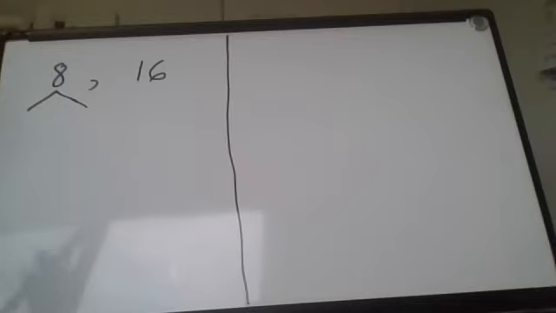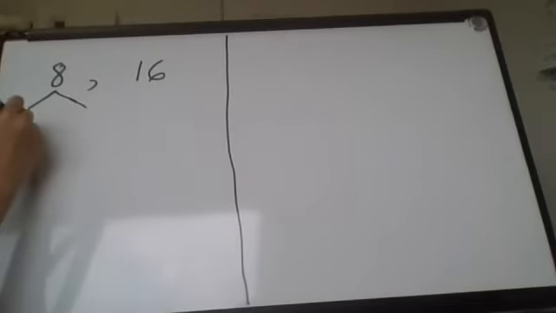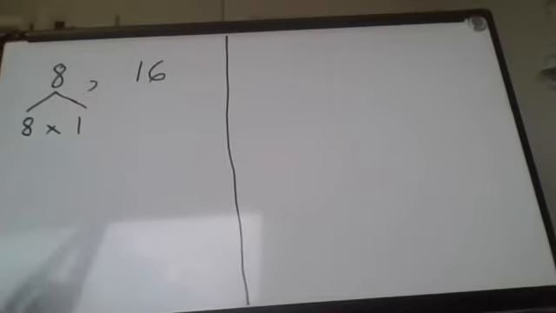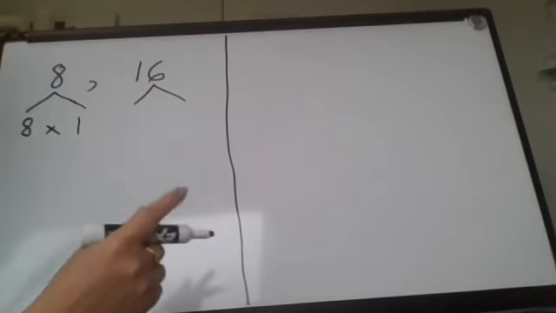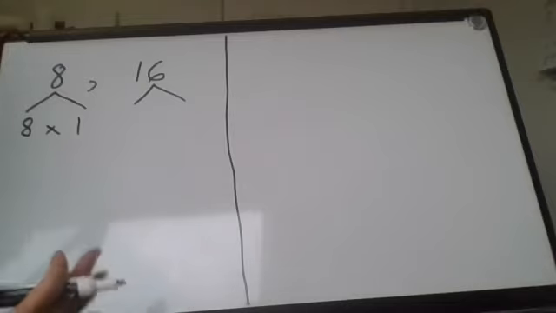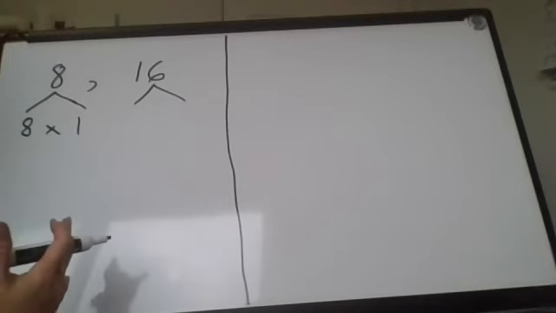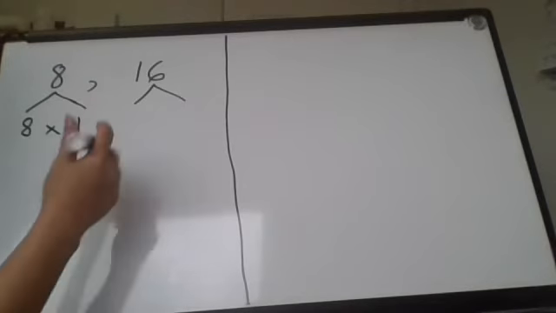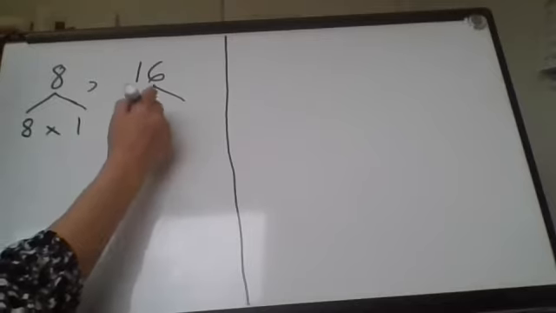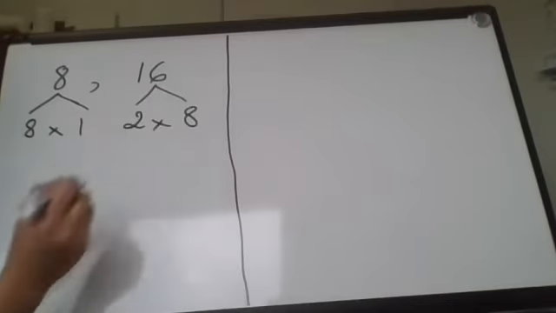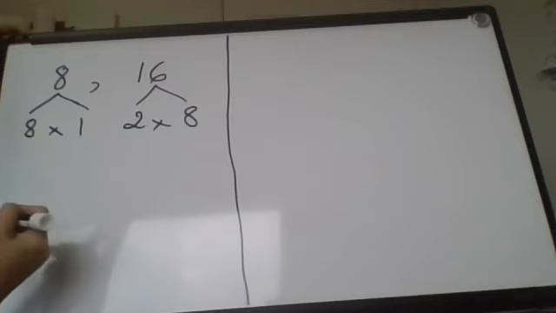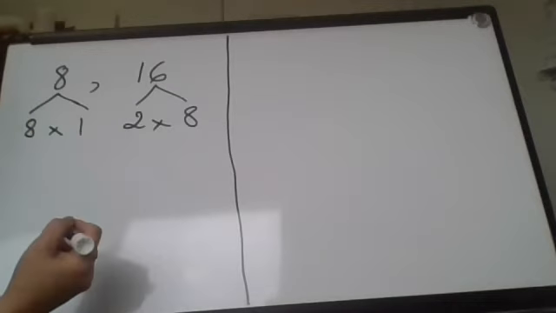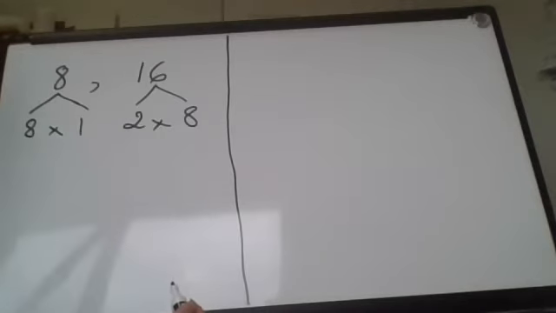Now, I will choose the product of the bigger number, which is 8 times 1. And for 16, again, I can break it down into 2 times 2 times 2 times 2, or 4 times 4, but that will be a tedious task. So I'm going to break it down into two numbers only, which is 2 times 8. By doing this, I don't have to break it into too many numbers.